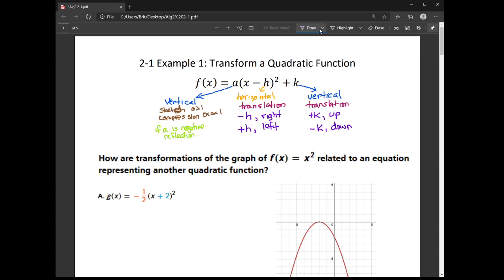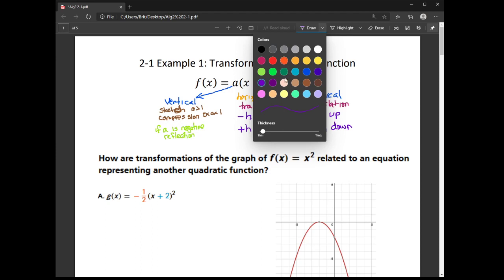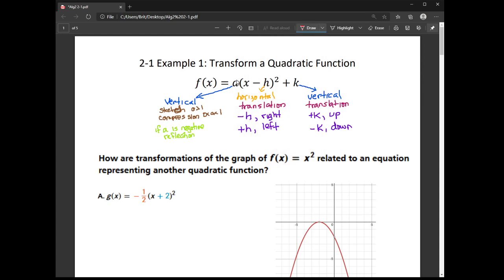The only other thing that I want to give you a heads up about that's specific to quadratics, I will do it in red, is this a value. Remember, this a value tells you specifically how much the parabola goes up or down when you move one unit to the left or right. So say I have a parabola right here.